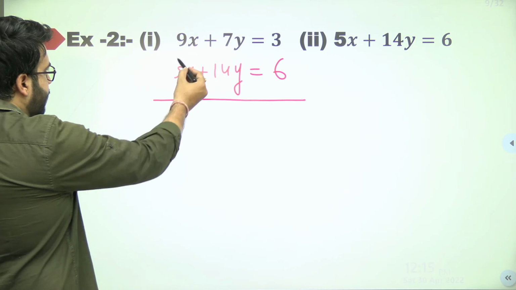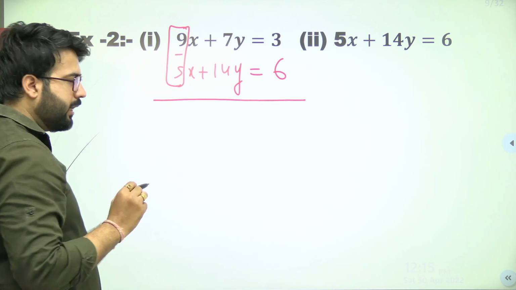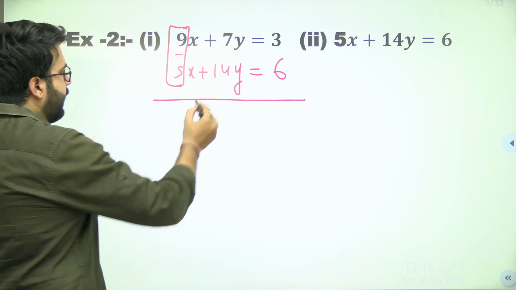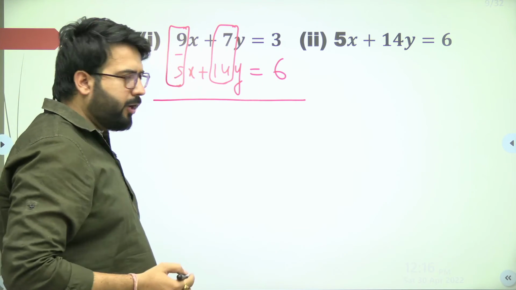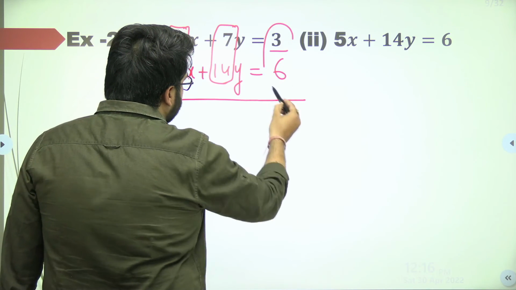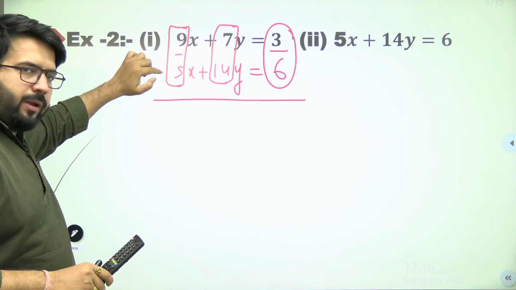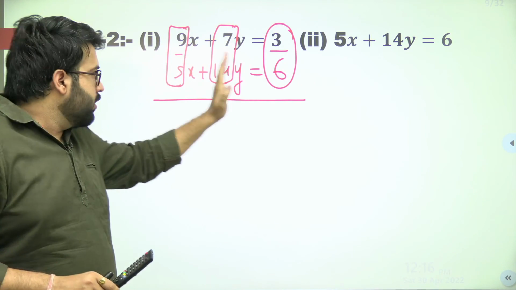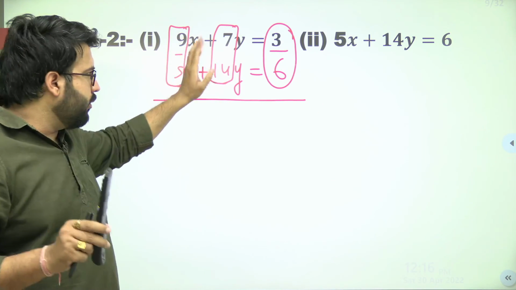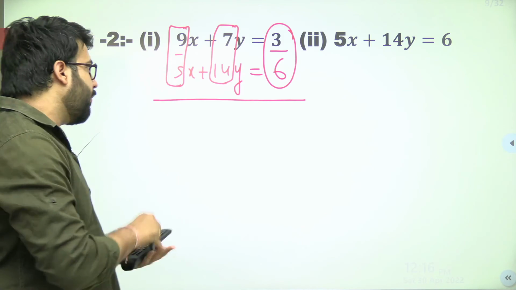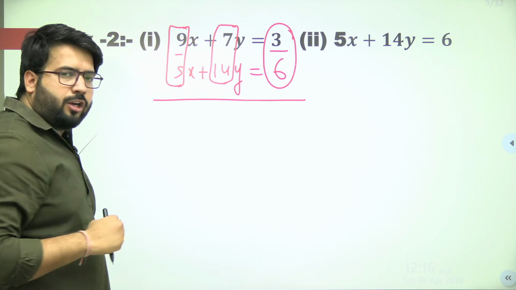The ratio between the coefficients of x is 9/5, the ratio between the coefficients of y is 7/14, that means 1/2, and the ratio of the constants is 3/6, that means 1/2. So 9/5 is not equal to 1/2, but 7/14 equals 1/2. That means the ratio of the coefficients of y is equal to the ratio of the constants.